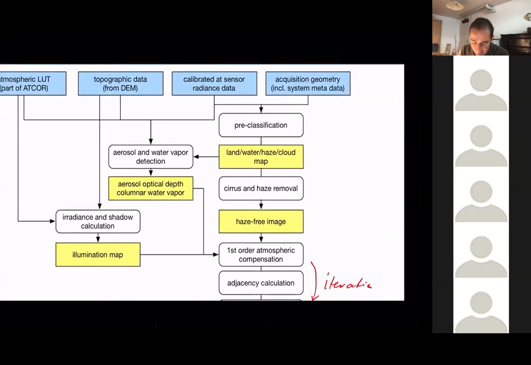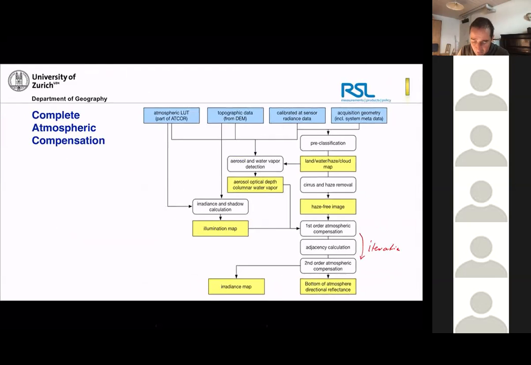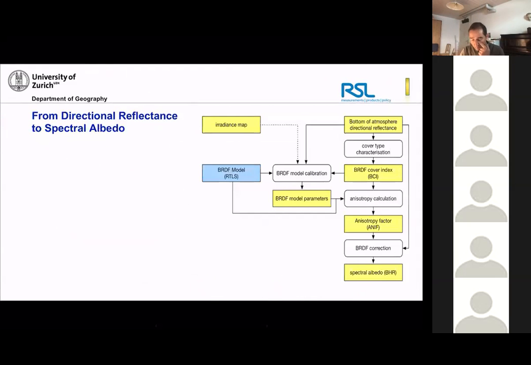Now this is not yet the full game, because what we want to have is spectral albedo. So the problem is you have this situation. So we have the bottom of atmosphere, BOA, reflectance.